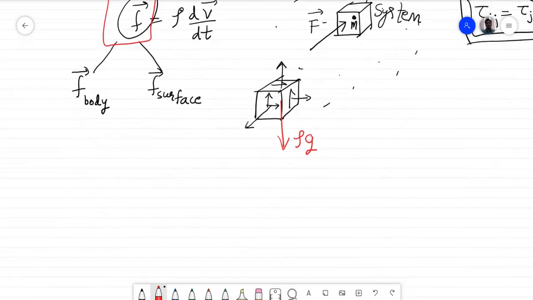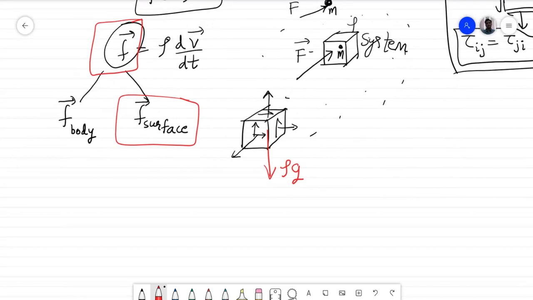Similarly there will be surface forces, so we'll see what these surface forces are. We know that force per unit area is tau here, and there are different components. But what is the expression for this F surface in terms of this tau or the tensor tau?